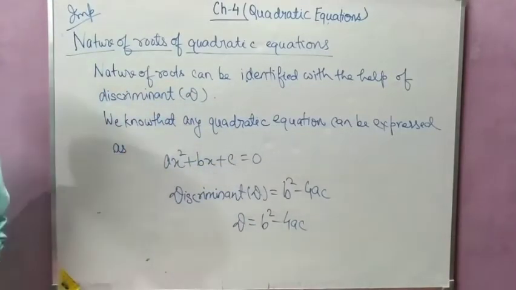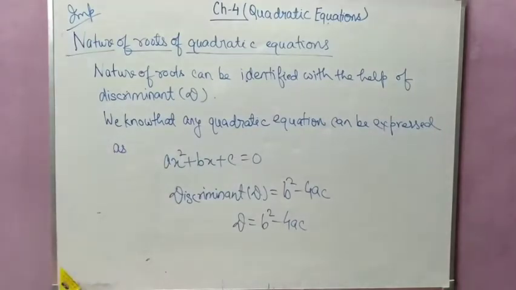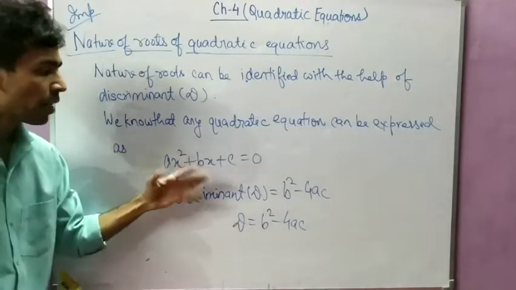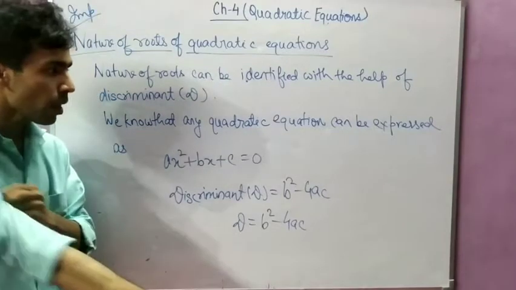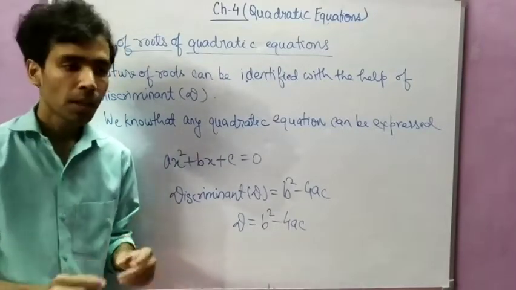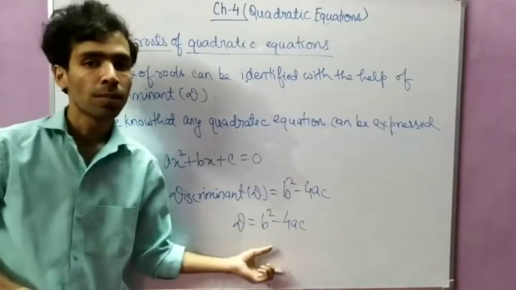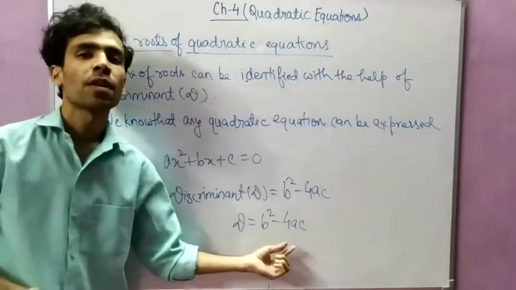After that, whatever quadratic equations are given, you will find out their discriminant by this formula, D equal to B square minus 4ac.